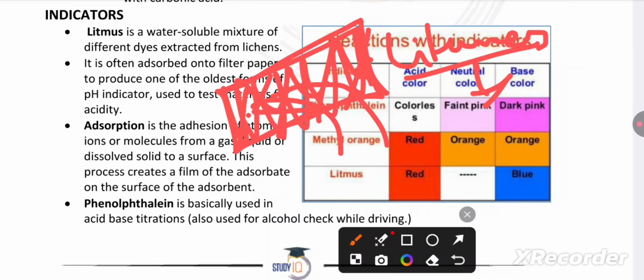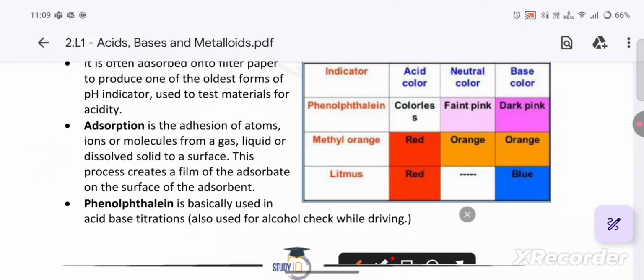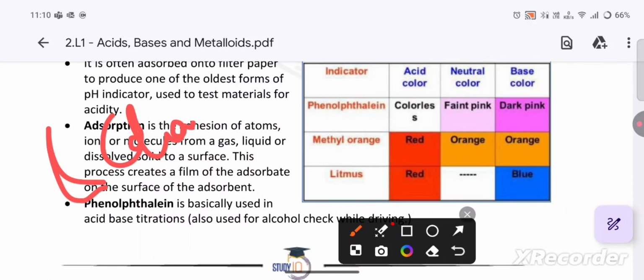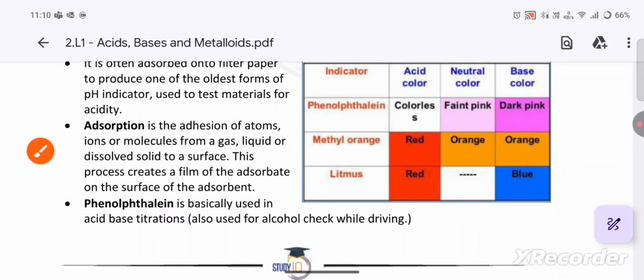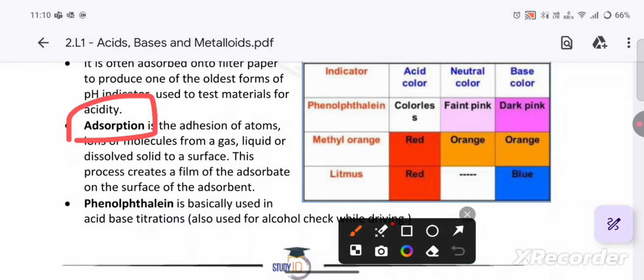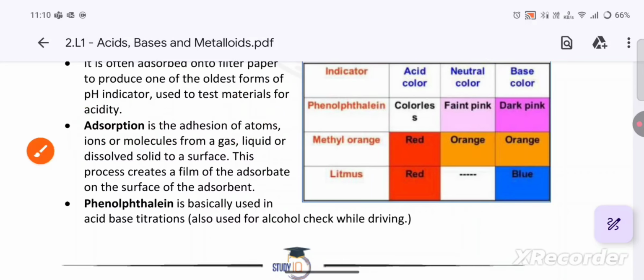In that layer, that's why it easily reacts with the solution and changes the color. That's why we are using it as an indicator. I already explained about the adsorption process, that it lies on the surface, not mixing. That is the simple concept of this.